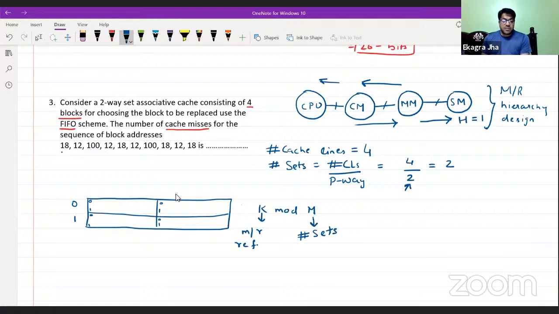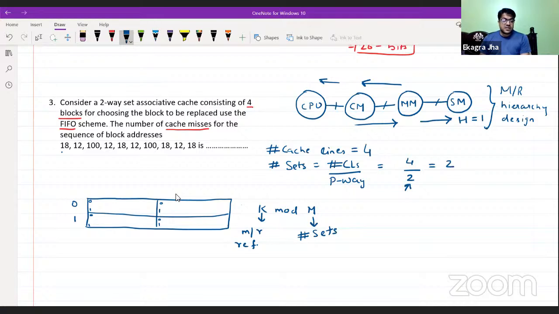In the direct mapped cache, k also represents the memory reference, but m represents the number of cache lines, because we don't have sets there. So all we need to find is the mod by the number of sets, and we can accommodate the memory reference in the calculated set.